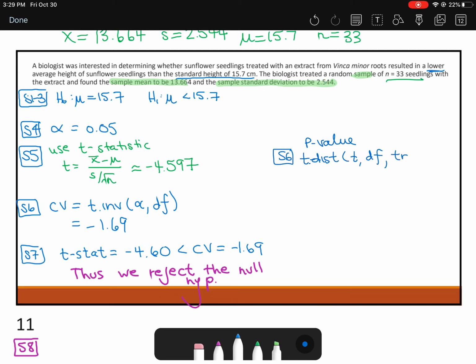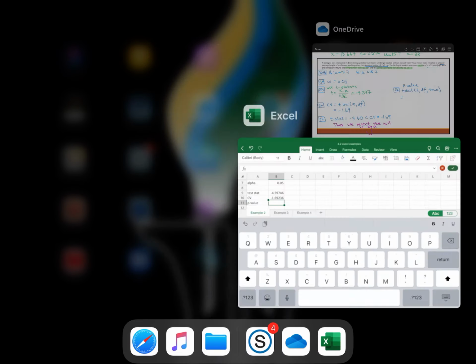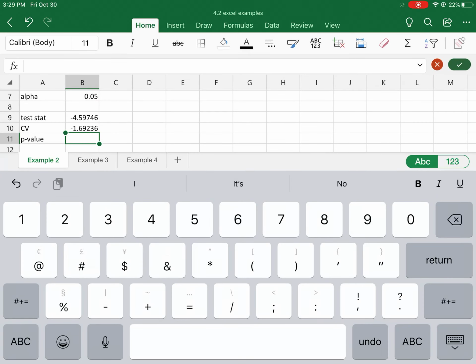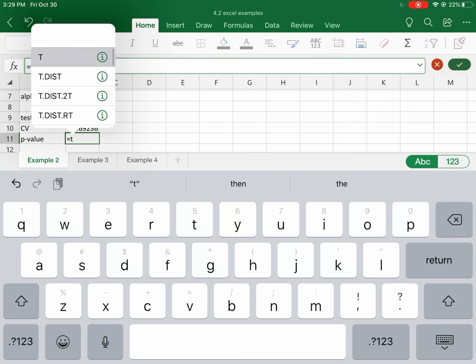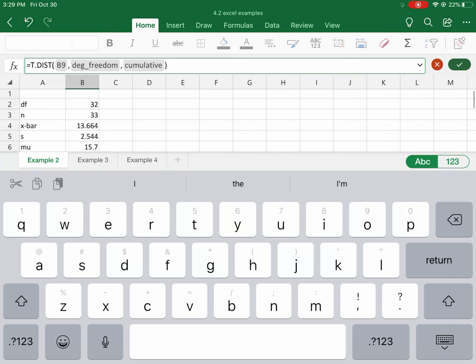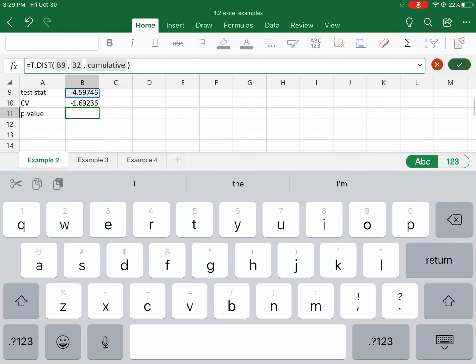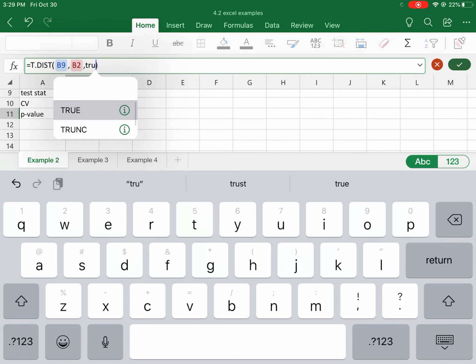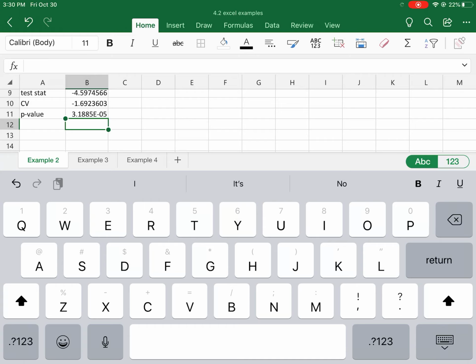So then again, that's your t, your degrees of freedom, and then it is always true. Okay, so for our p-value, we have equals t dot. Okay, so my x in this case is my test statistic that I found. Go up to my degrees of freedom. And then again, it is always true.